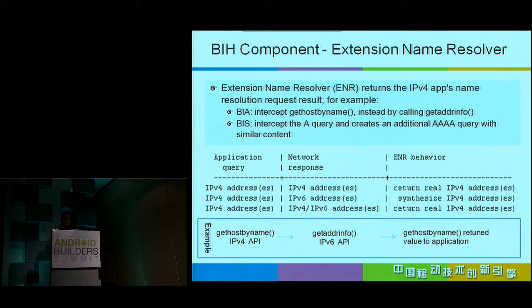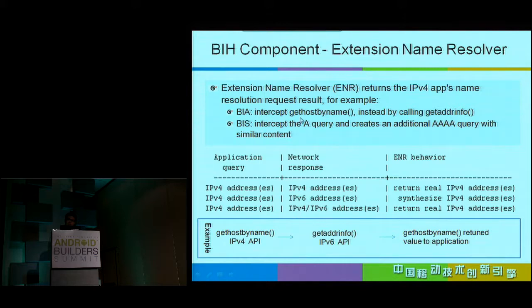The extension name resolver in the BIH returns the IPv4 app's name resolution request result. There are two cases.